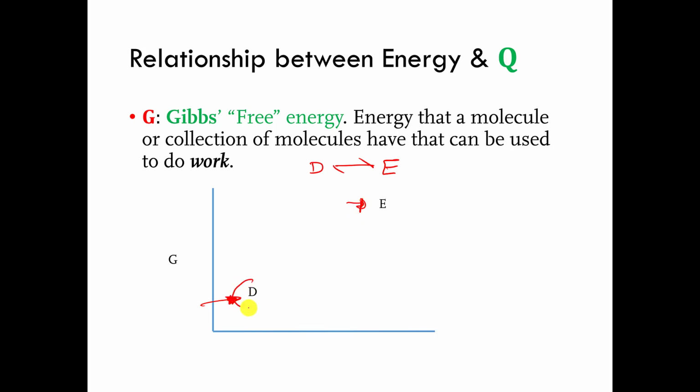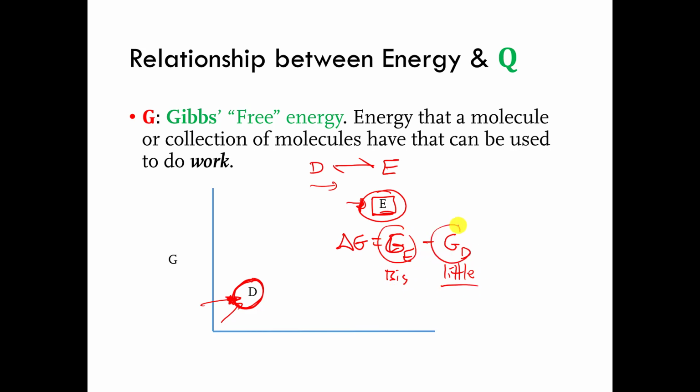You are going to have to pump some extra energy into D in order to turn it into E. But if you wanted to measure the delta G of this forward reaction, it would be equal to the free energy of E, because that's the stuff we end up with, minus the free energy of D. And we can tell that this is going to be a big number. This is going to be a smaller number. If you take a big number and subtract away a smaller number, you're going to end up with a positive. So in this kind of reaction, delta G for the forward reaction will be positive.